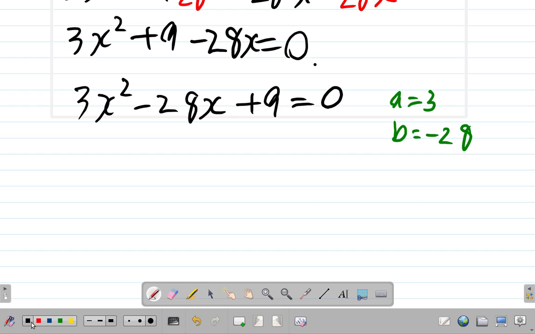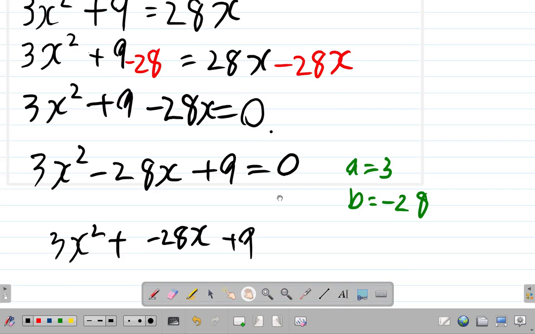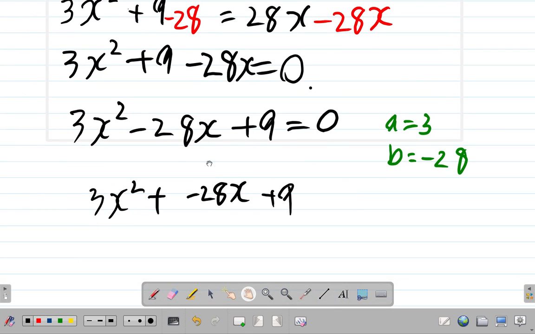Because guess what? You can write this as 3x squared plus negative 28x plus 9. And notice in the formula sheet it doesn't say minus bx, it says plus bx. So it's plus something, it's plus negative 28. So b is negative 28.